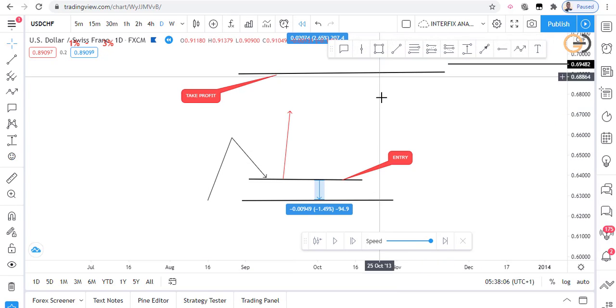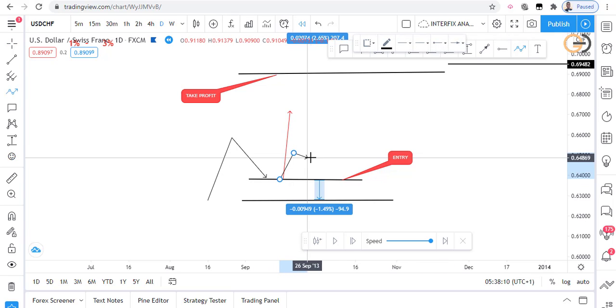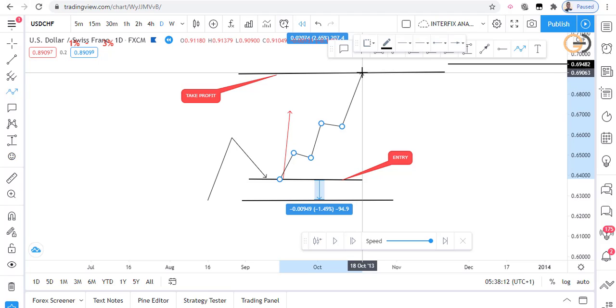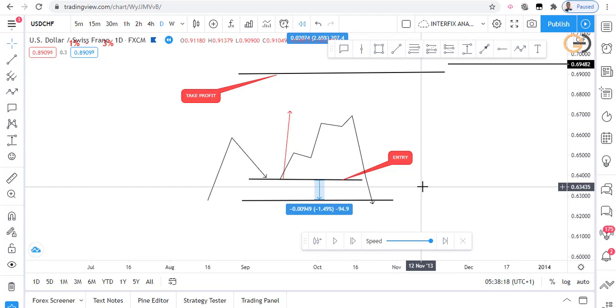And then instead of the market getting to this point, which is your take profit level, it didn't get here. The market instead reversed and then comes back and hits your stop loss.